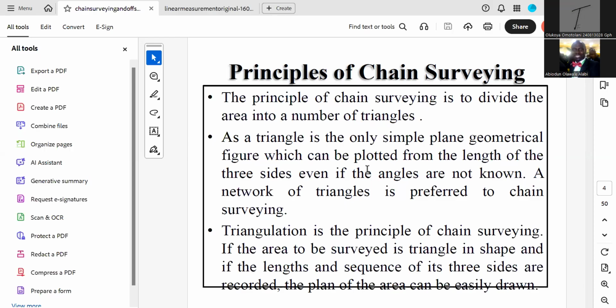With a triangle, you can easily take the linear measurements, the distances of the three sides. And if I have the lengths of the three sides of a triangle, I can easily compute the area of the triangle. Having known the area of those triangles, I can easily also determine the total area of the landed property that is of concern.